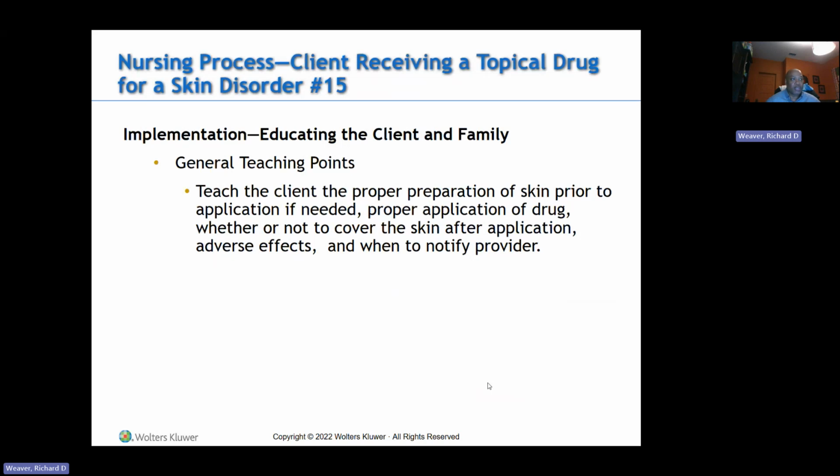Sometimes a physician wants it covered, sometimes they want it open. We want to teach them about the adverse effects of the medications and when to notify the primary care provider. And I provided a fairly good list of what we should be looking for, what we should be teaching these patients.